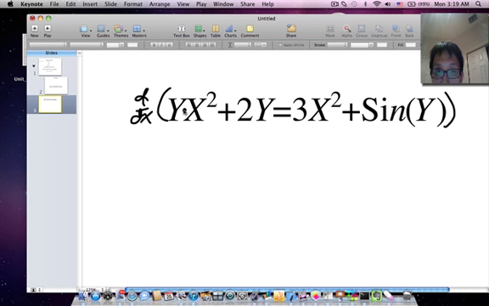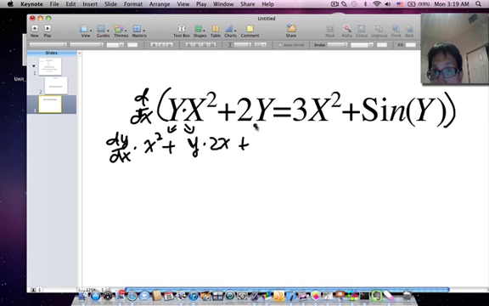Again, I remind you there's a product rule in here, so you're going to get dy/dx times x squared plus y times 2x, and this equals 2 dy/dx plus 6x.